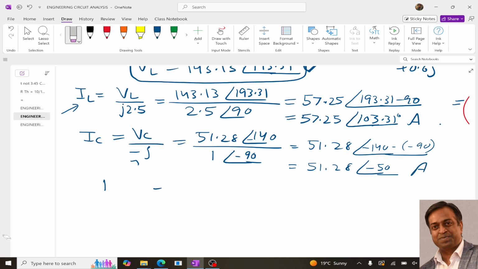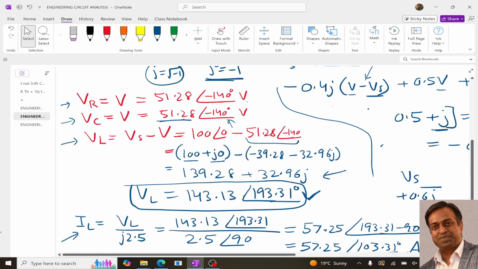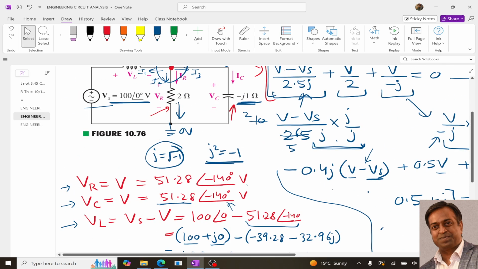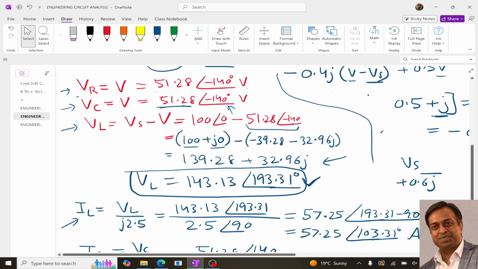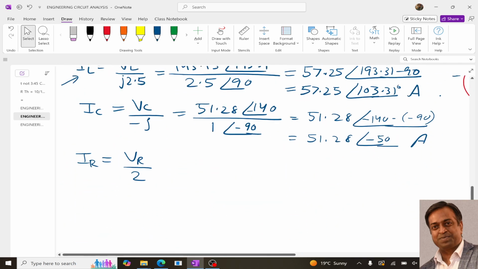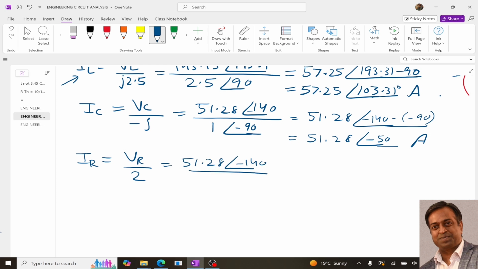And similarly, I can get the resistance current IR, which will be VR upon resistance, which is 2. So VR is 51.28, similar to VC, angle minus 140, upon 2.